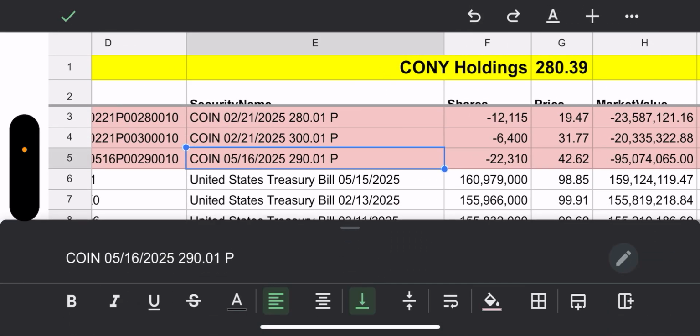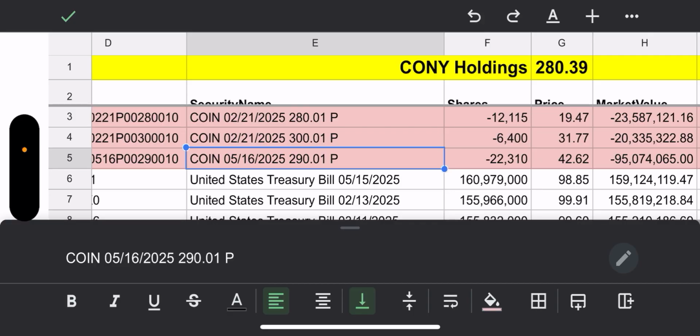Oh, my God. It is beautiful. Look at that. 5/16. They chose an expiration date on the new synthetic position of 5/16. That is more than 90 days out. Thank God. That's awesome. Now, that's a 290 strike. Coin's at 280.